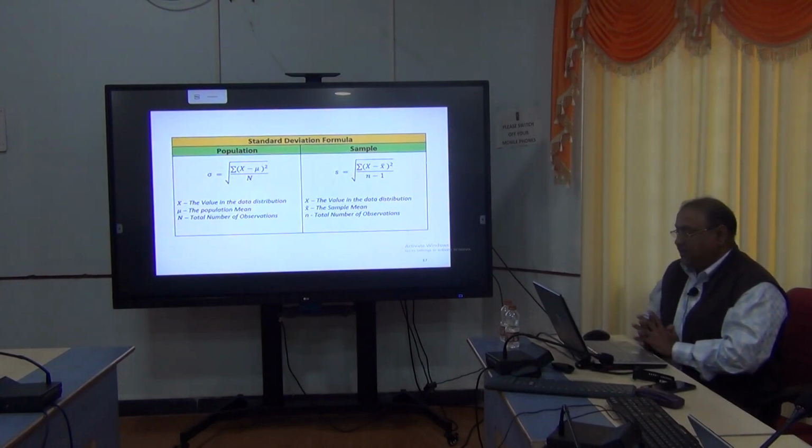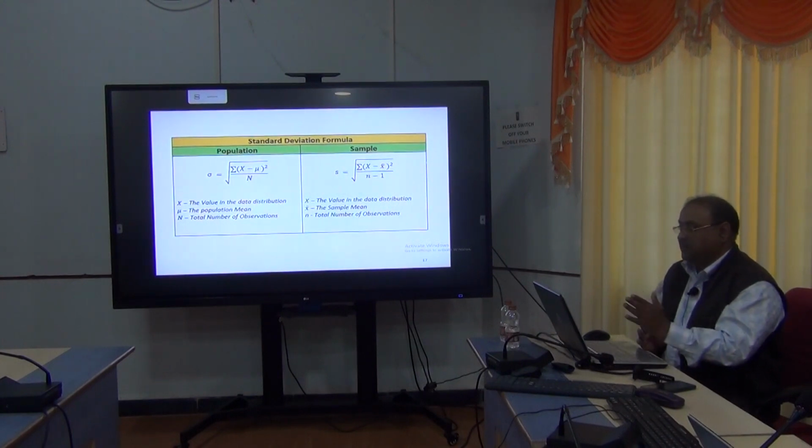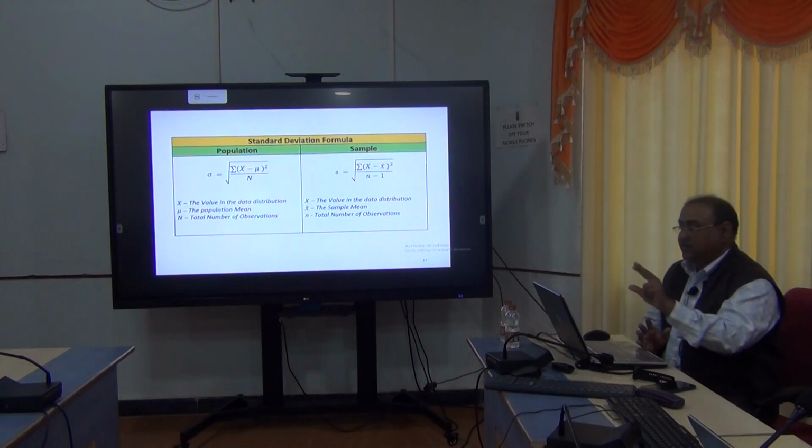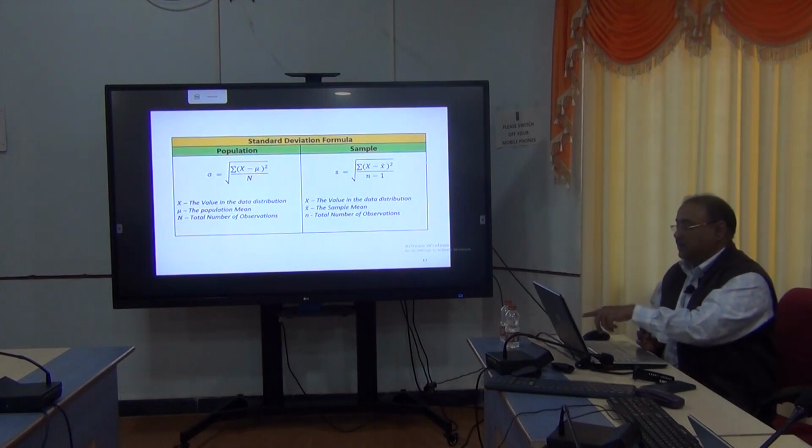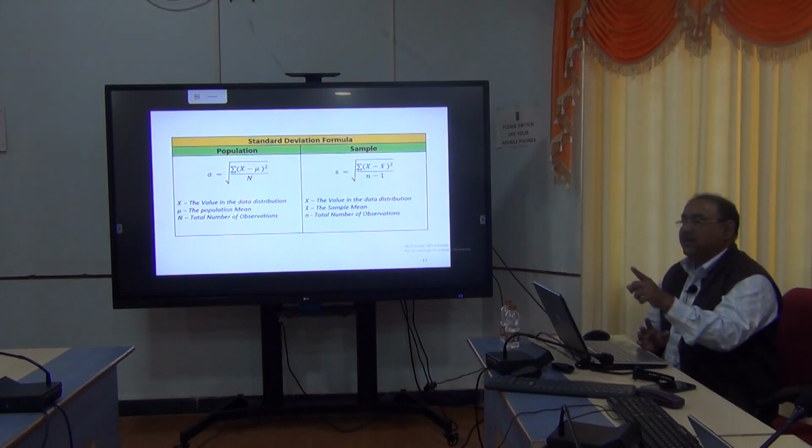Based on that, the standard deviation for population and sample has a little variation in the denominator. For the population, the entire population is considered. But for the sample, the denominator is the total number of observations minus 1, that is, n-1.